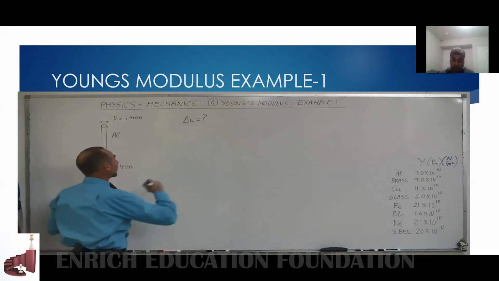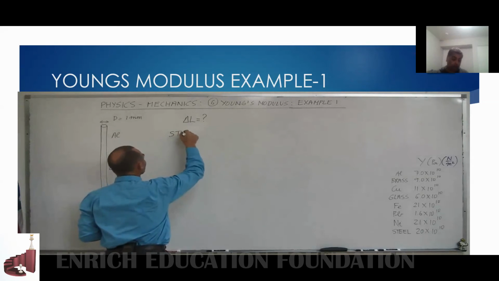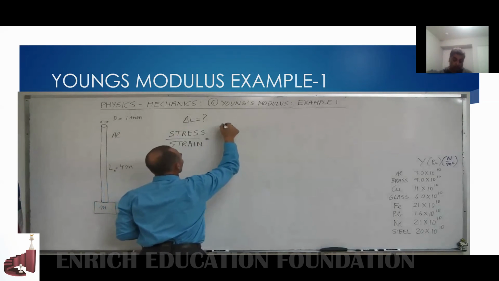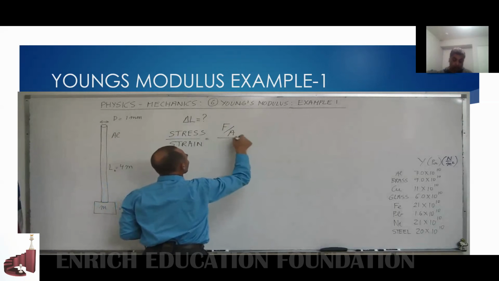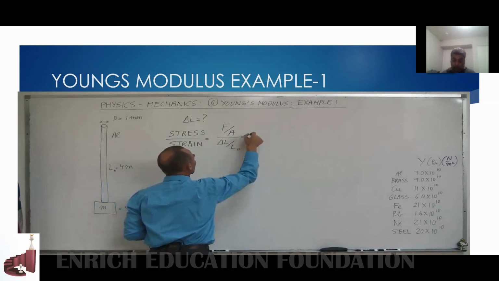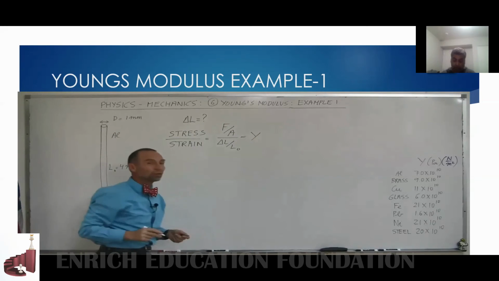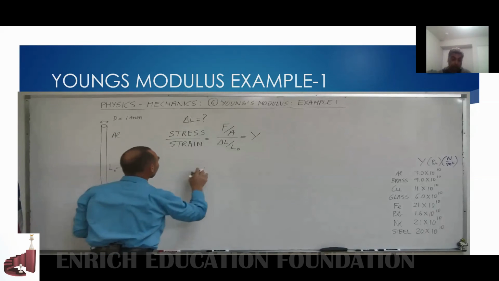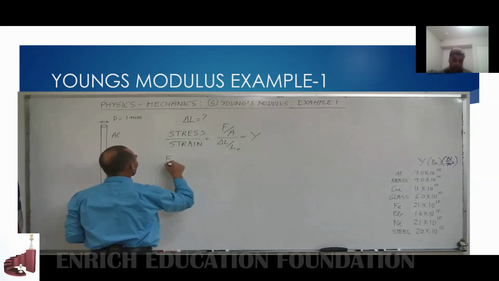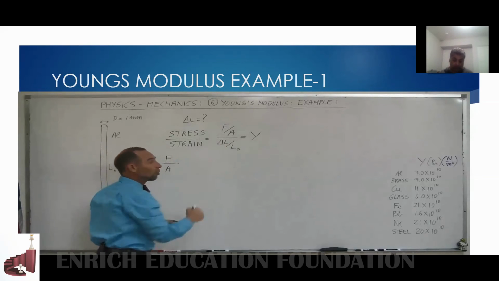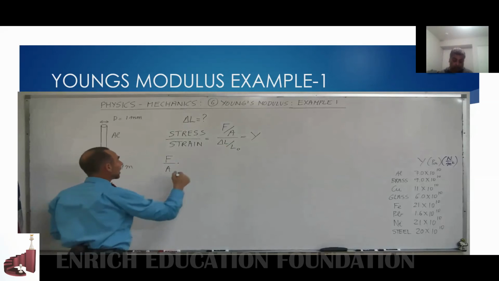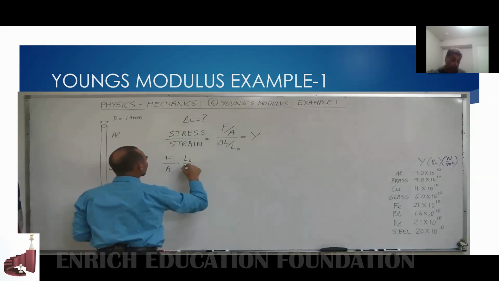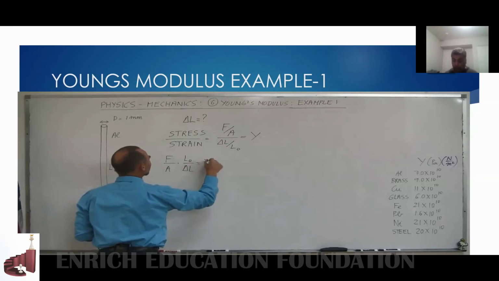So the definition, again, we have stress divided by strain. And stress, of course, is force divided by cross-sectional area, and strain is equal to the change in the length divided by the original length, and we know that that's equal to Young's modulus. So taking that equation and writing it slightly differently, we can write force divided by area times, because instead of dividing by a fraction, we can multiply by its inverse, so times the original length divided by the change in the length, equals Young's modulus.